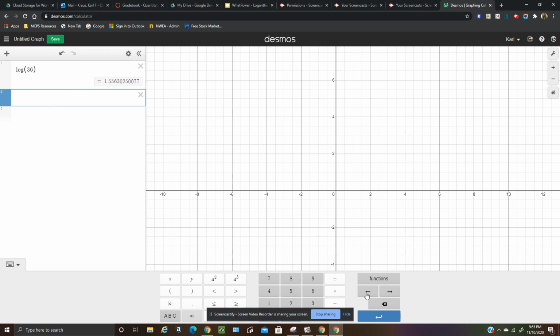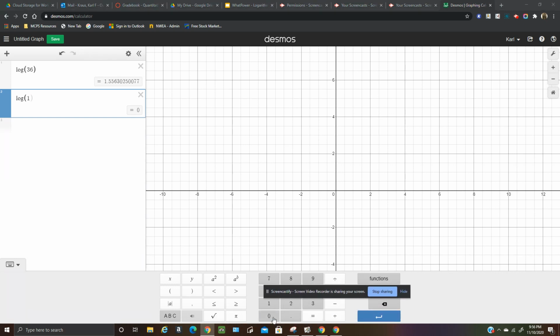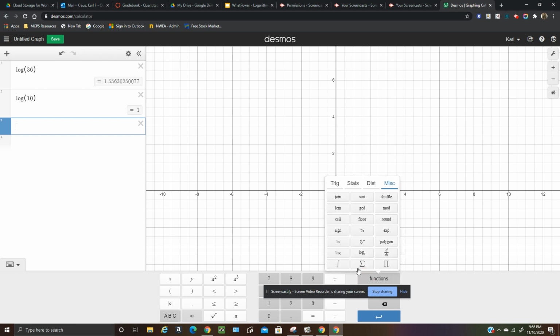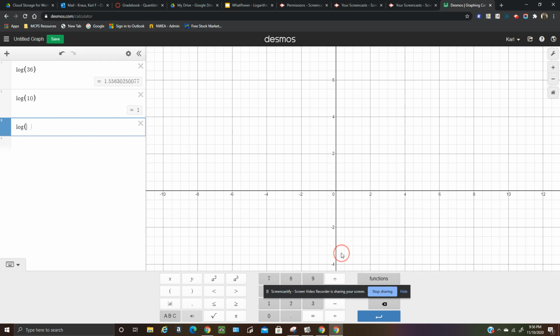So functions, log under miscellaneous, log of 10. Whoops, need to get the 10 inside the parentheses there. Log of 10 is 1. Log of 1. So under miscellaneous, log 1.